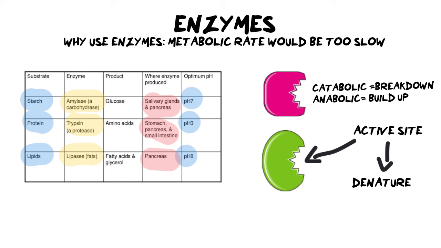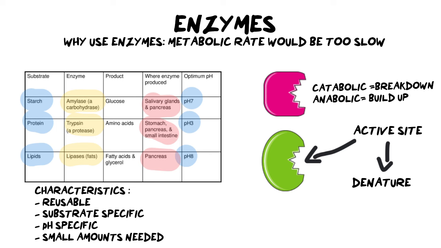Now, I can't stress enough to you the importance of knowing your enzyme characteristics. And the reason for that and how it links into the digestive system is if you understand their characteristics, you will be able to understand their role in the digestive system and how they are affected. This is often where a lot of the application questions come in the exam as well.